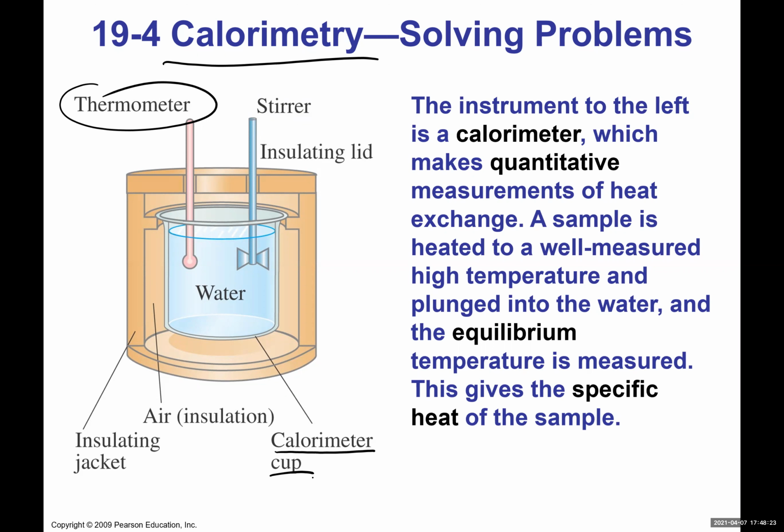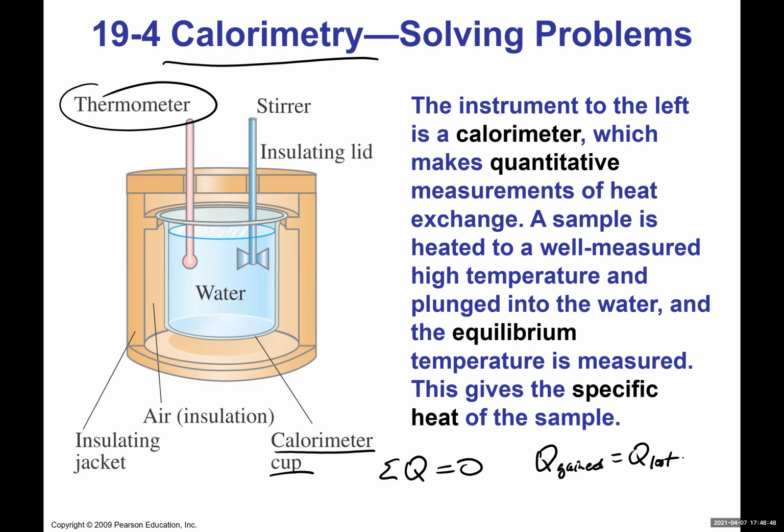If you initially start with water a little bit warmer than the cup itself, then you can say that the net energy exchange in your system is going to be zero, which means the heat gained will be equal to the heat lost.